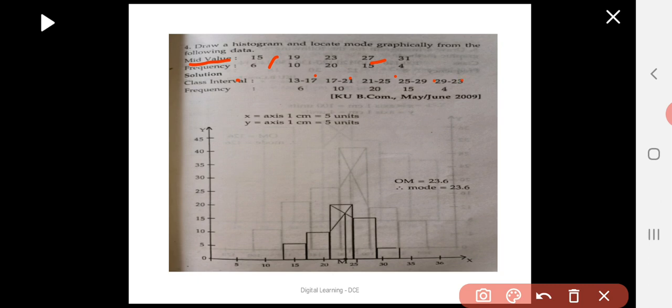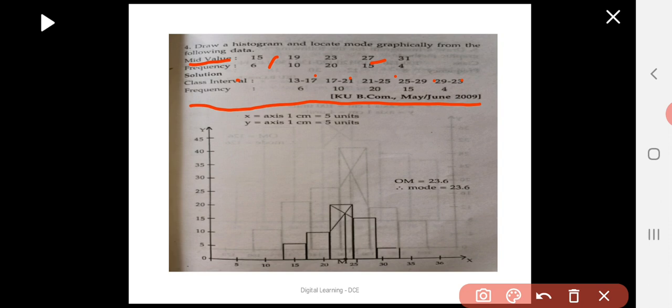Once we are done with this, we have to see that our class intervals and frequencies are proper. In other problems also, if less than frequencies are given, we have to convert them into proper class intervals, and if more than frequencies are given, we should convert them into proper class intervals by adjusting the frequencies in both less than and more than.